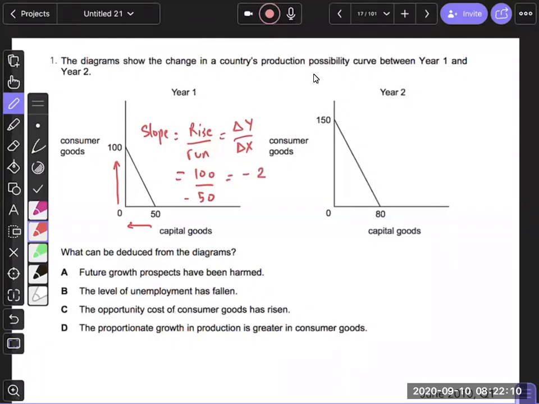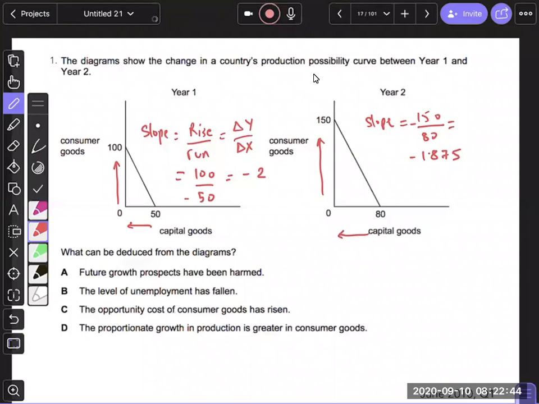And what about the slope for next year? It's going to be 150 over 80. Again, the slope is negative because it is a downward sloping graph, so we have a number of minus 1.875. So if I look at this, it seems like the slope is such that your opportunity cost is decreasing.